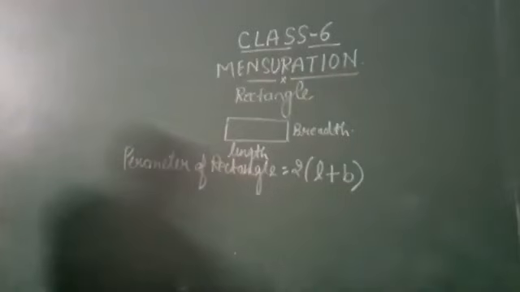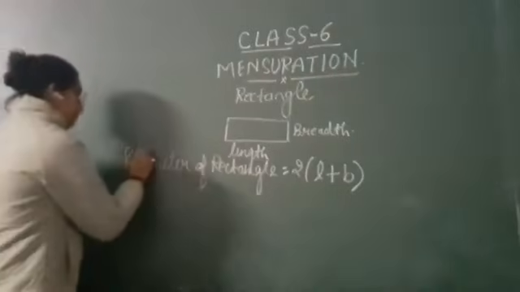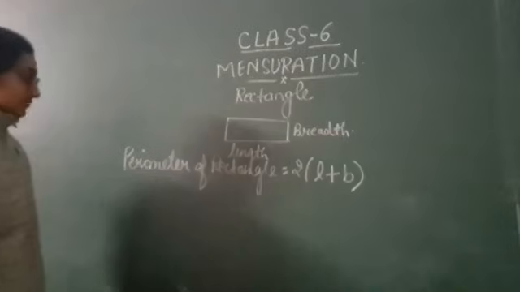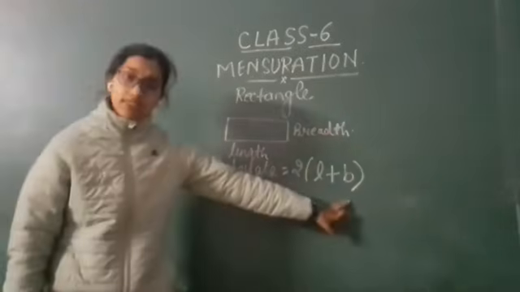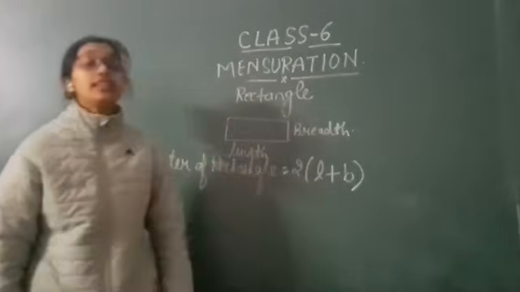From the second formula, if the perimeter of a rectangle is given and the breadth is given, how will we find the length?